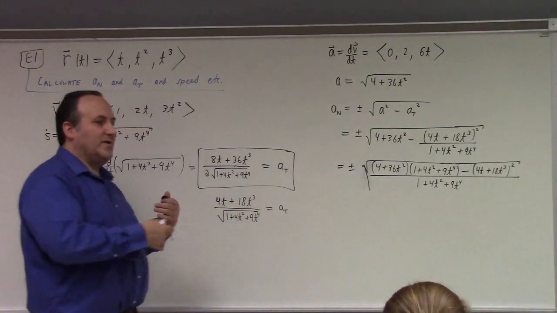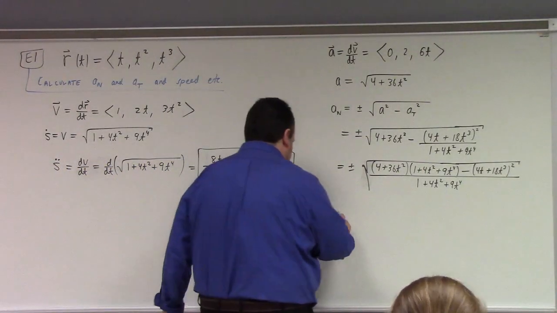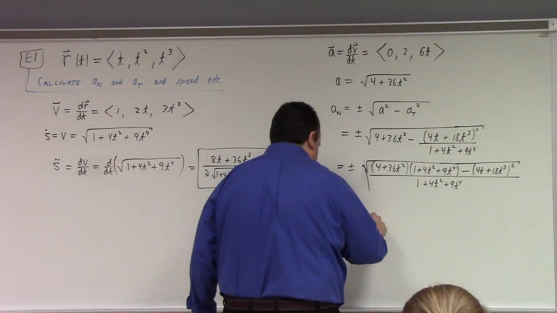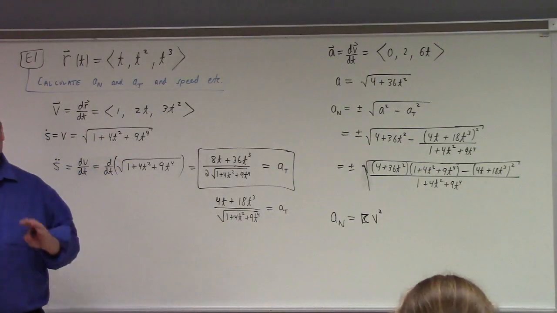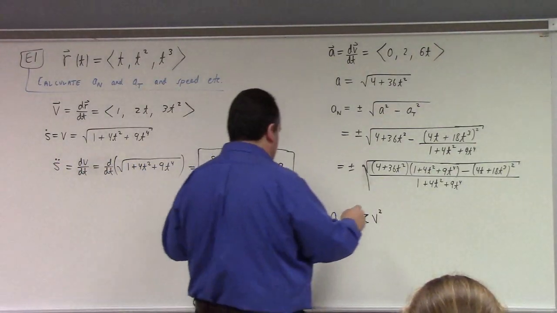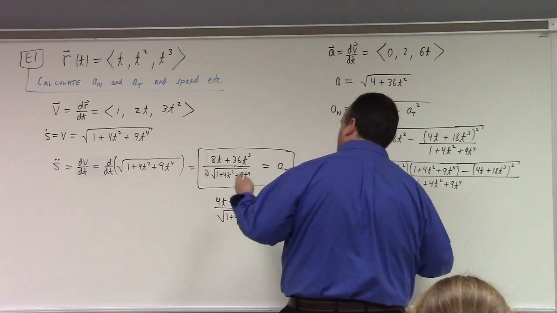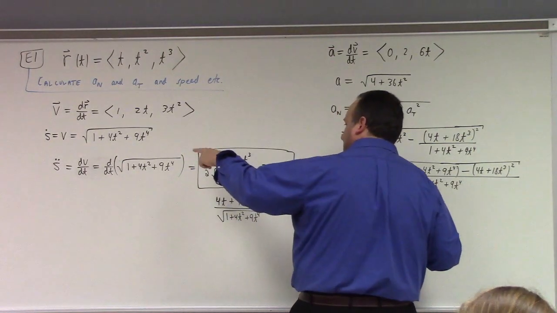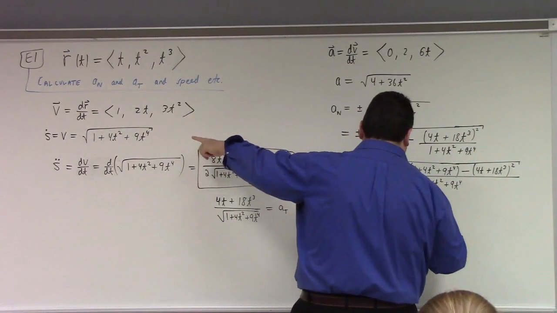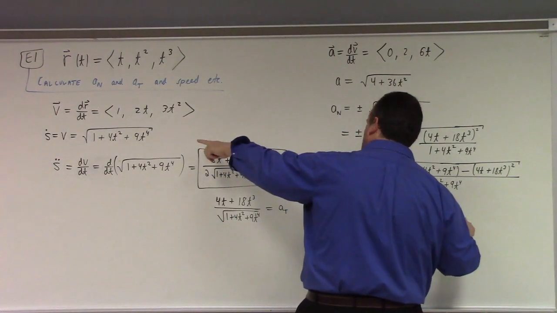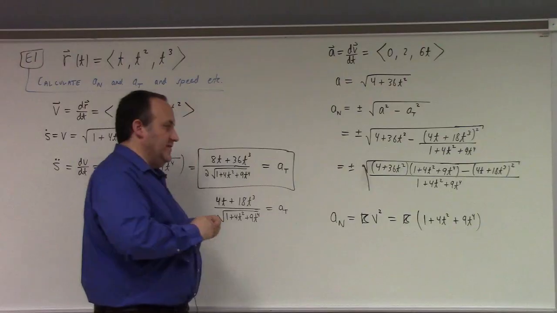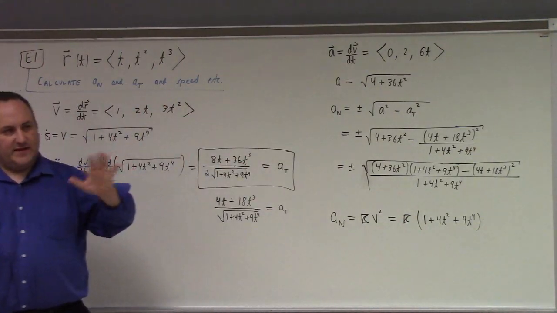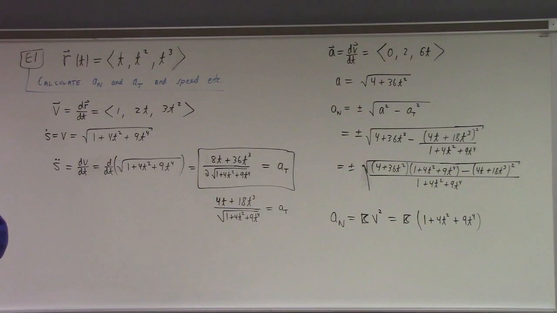But the thing is, the normal component to the acceleration is also equal to the curvature times the speed squared. And that's not that bad. The speed squared was 1 plus 4t squared plus 9t to the 4th, we can see it right from there. So up to the sign, I'm not sure about plus or minus, we can certainly find the magnitude of the curvature.